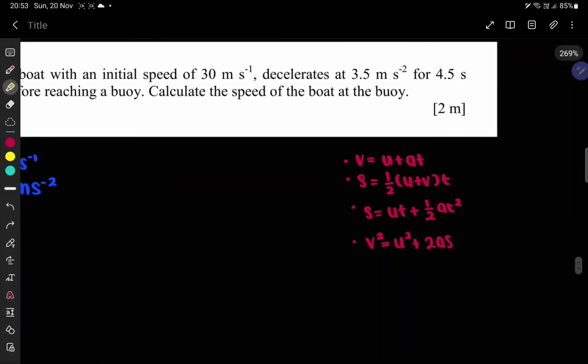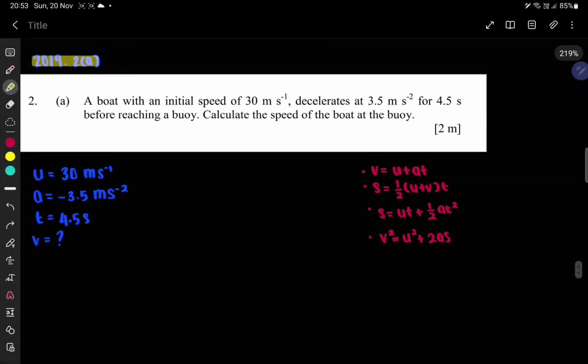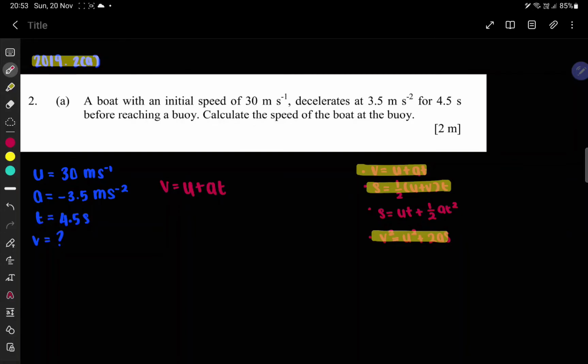So from the formula, basically we want to find the velocity. So we can use either this formula or this formula because it contains the velocity. But for this question, we'll be using the first formula, which is v equals u plus at, and we have all the information that we need, so you just substitute it into the formula.